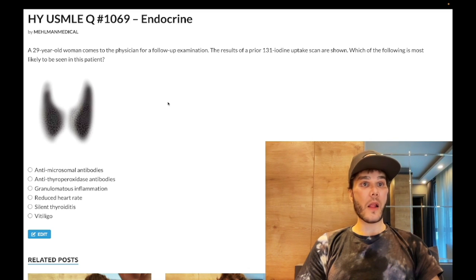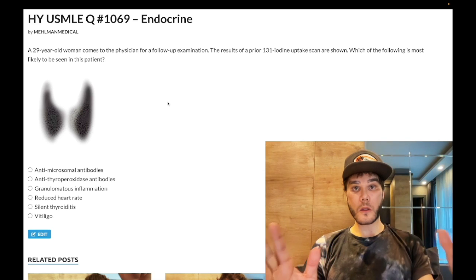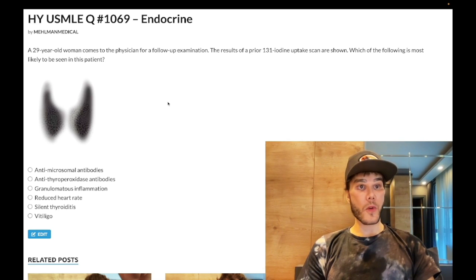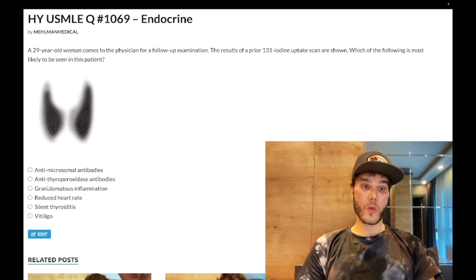I've talked about that a lot in my YouTube clips and in my endocrine PDF, okay? So de Quervain is just inflammation of the thyroid gland, where you have release of thyroid hormone into the blood, so you can be hyperthyroid. But it's not a case where we have production of new thyroid hormone, which is why uptake is not increased. De Quervain, wrong answer.